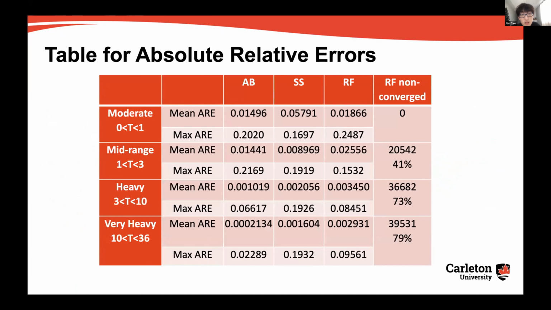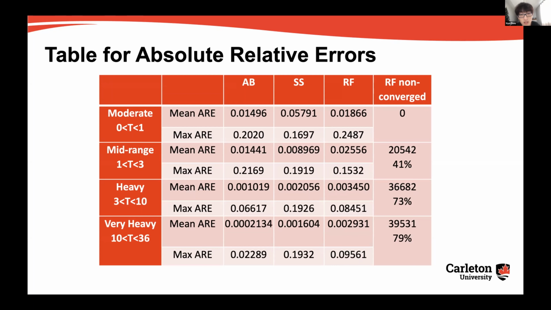The table here shows the errors for these 3 approximations based on different ranges of traffic ratios. We can see AB is always the most accurate one, in orange, except for the mid-range, where SS is slightly better. And notice in the very heavy traffic system, AB is extremely accurate.